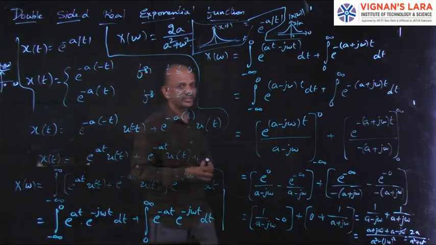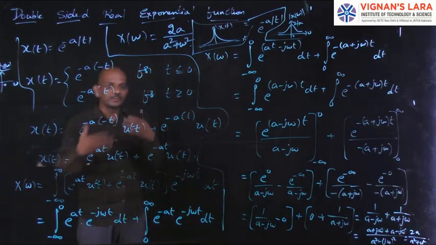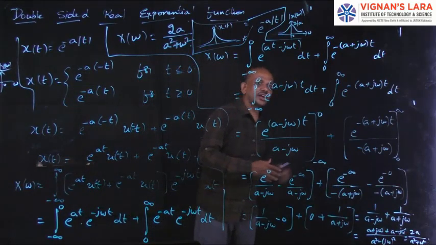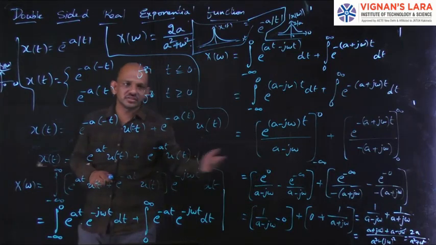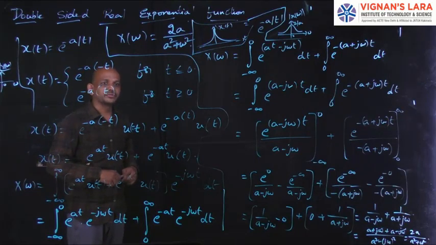For each function I showed you the signal representation, the magnitude spectrum and the phase spectrum. In the next class I will go for some other functions. So this is today's class. Thank you, one and all.